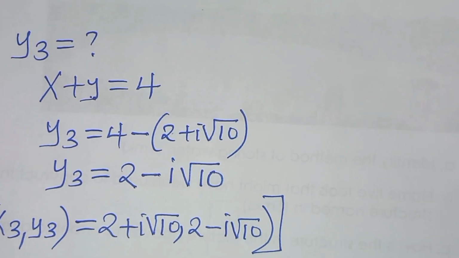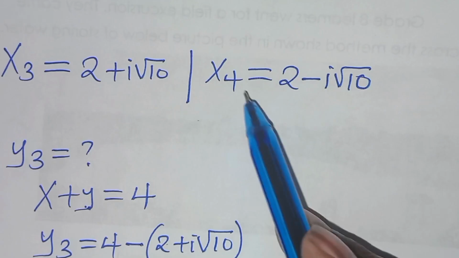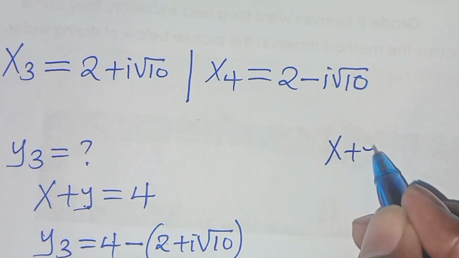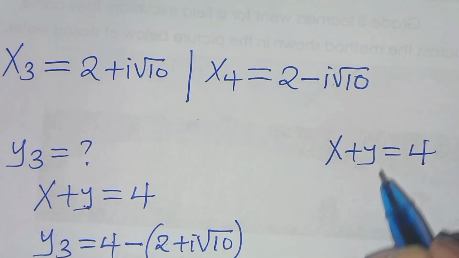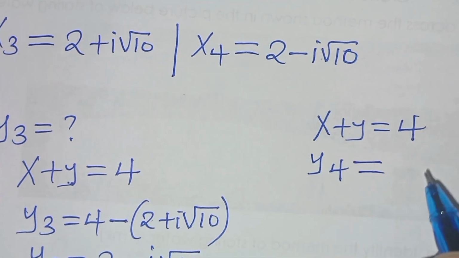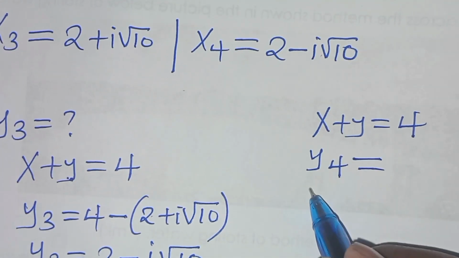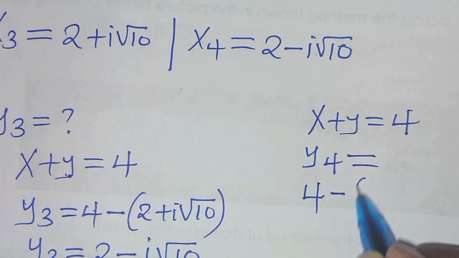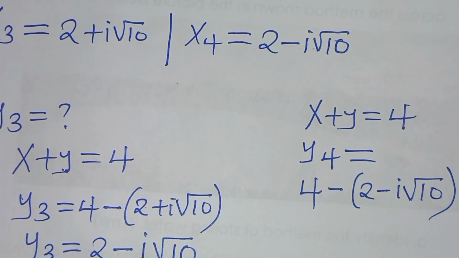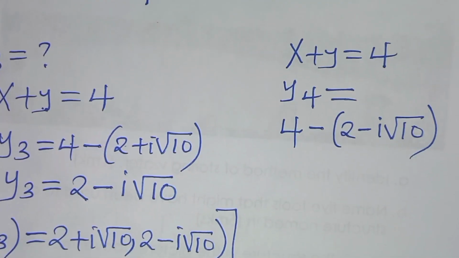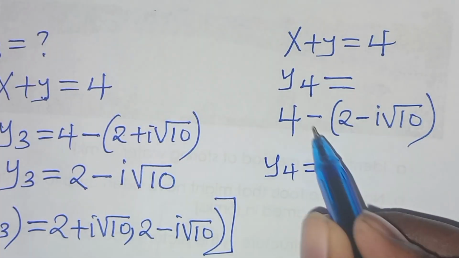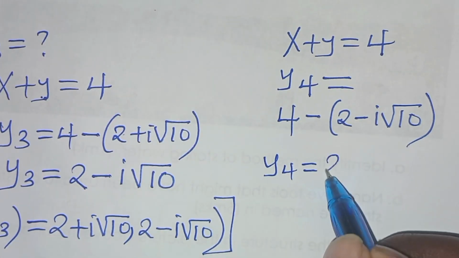Now, we have that x4 here is 2 minus i square root of 10, and given that x plus y is equal to 4, we can solve for y4, which is equal to 4, subtract 2 minus i square root of 10. So this implies here that y4 is equal to 4 minus 2. This is 2.